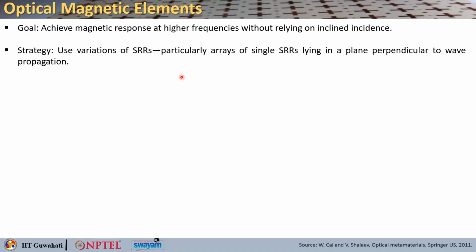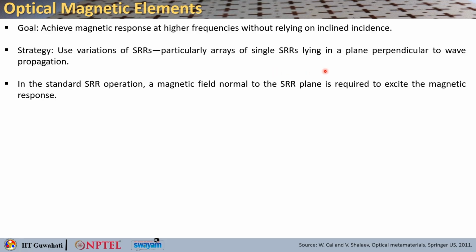One of the most important designs for achieving magnetic resonance toward the optical regime is based on arrays of single SRRs which are lying in a plane perpendicular to the wave propagation.